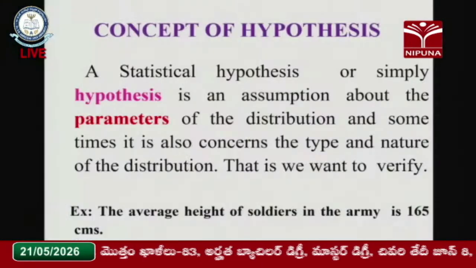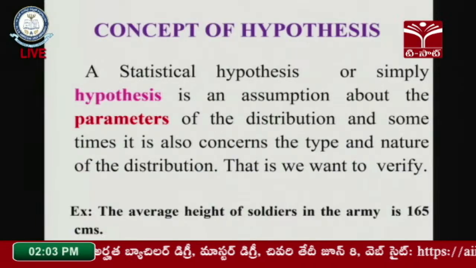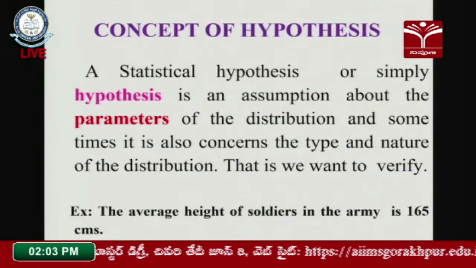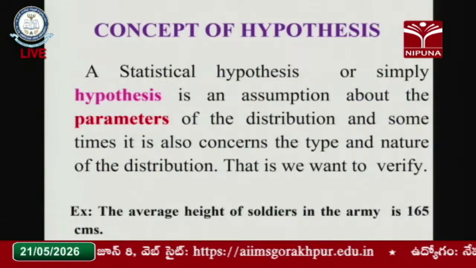Now I am going to discuss the first topic, the concept of hypothesis. So what is a hypothesis actually? Generally, hypothesis means an assumption. Statistically, I will define one most important definition. A statistical hypothesis, or simply hypothesis, is an assumption about parameters of the distribution, and sometimes it is also concerned with the type and the nature of the distribution, that we want to verify.